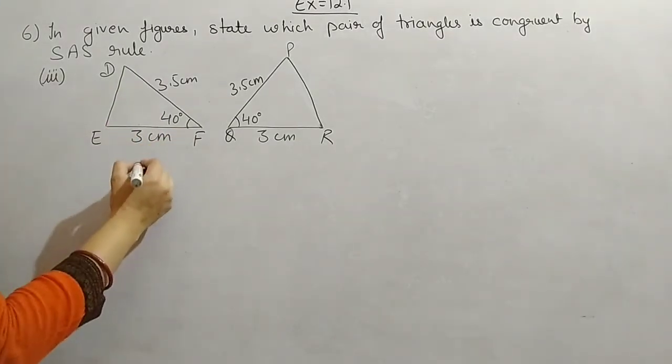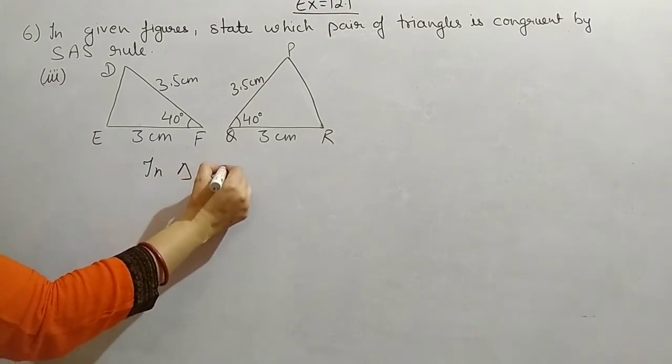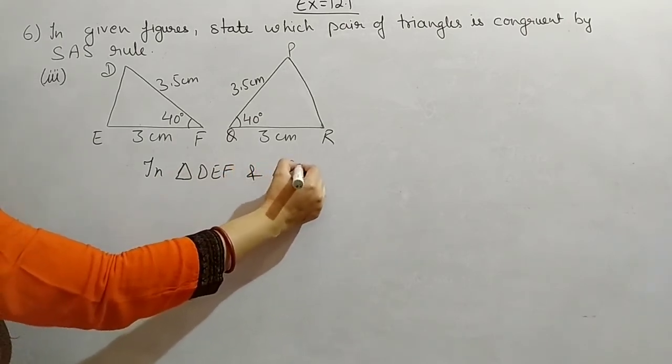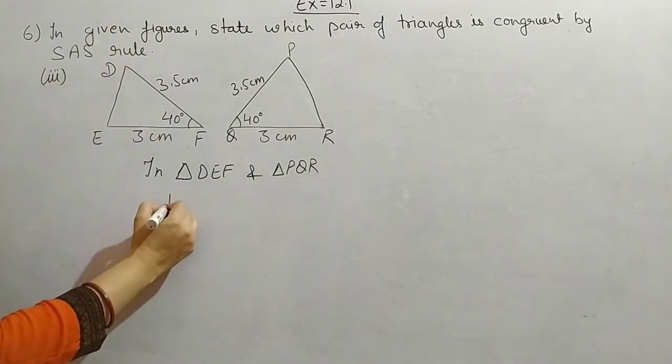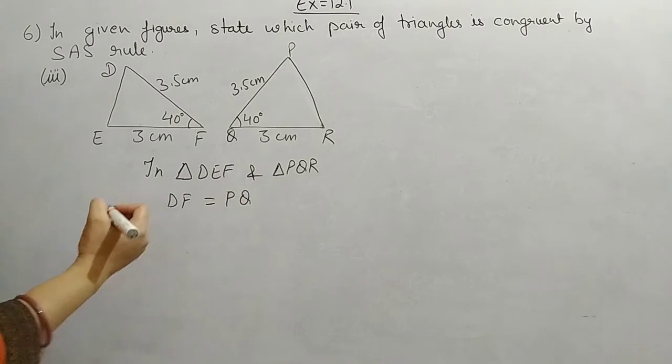So we will write in triangle DEF and triangle PQR. First we are comparing this side. DF is equal to PQ.